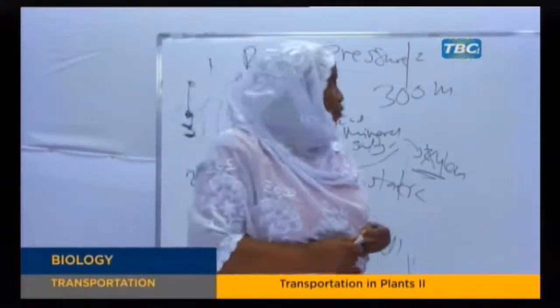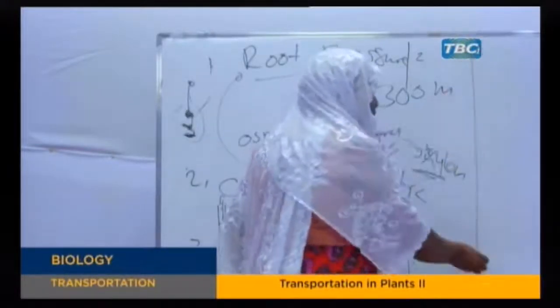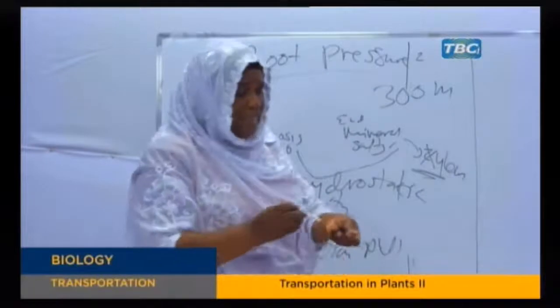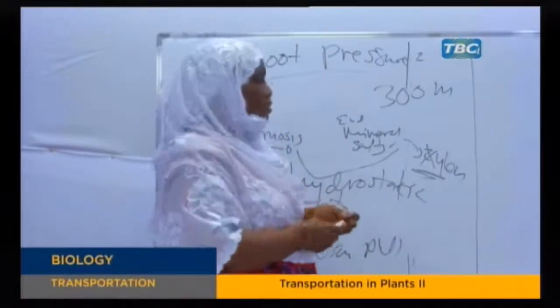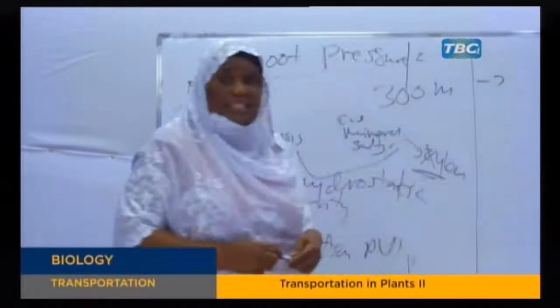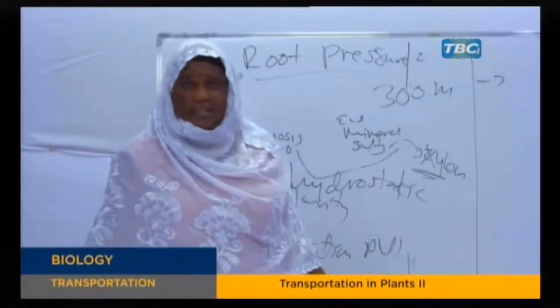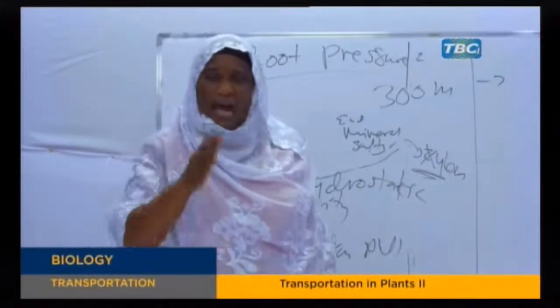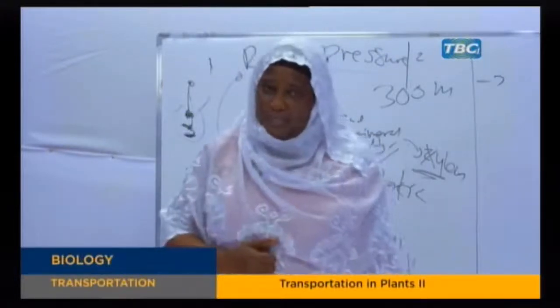I think you have achieved the objectives here. My objective number 1 required you to be able to distinguish between active and passive transport. Therefore, assess yourself. Are you able to distinguish active and passive transport?